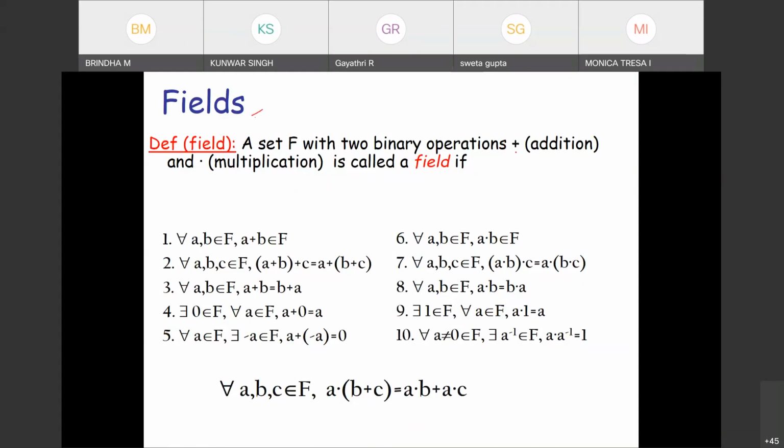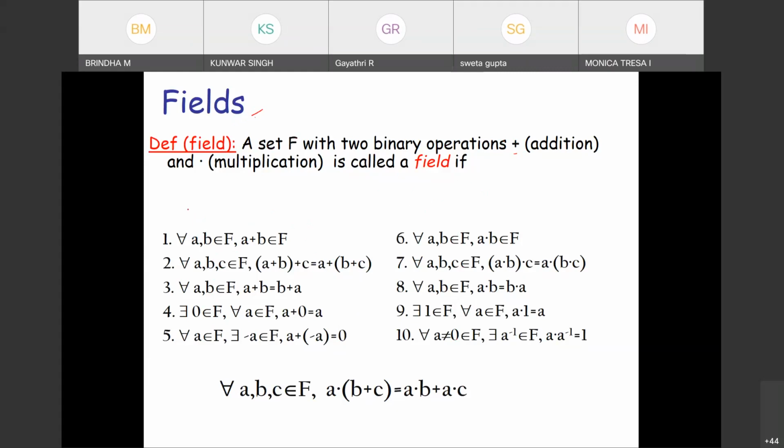One is addition, and another is multiplication, not the normal addition. So you have one set and two binary operations that will be called a field if it satisfies the following properties. Basically, here you have two groups, so a field is roughly equivalent to two groups.